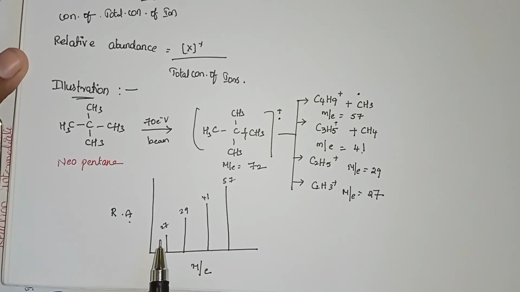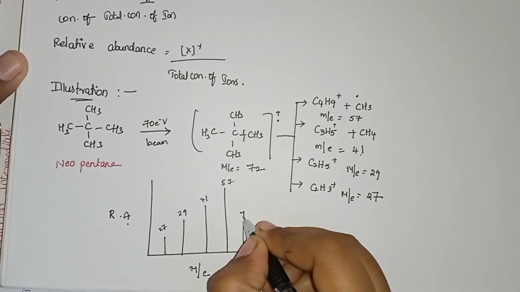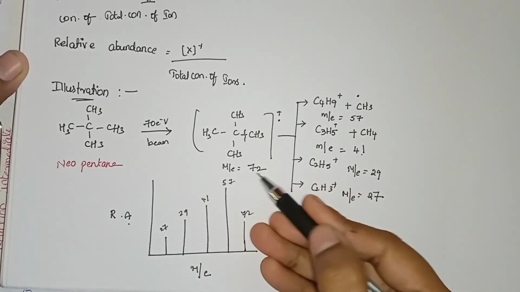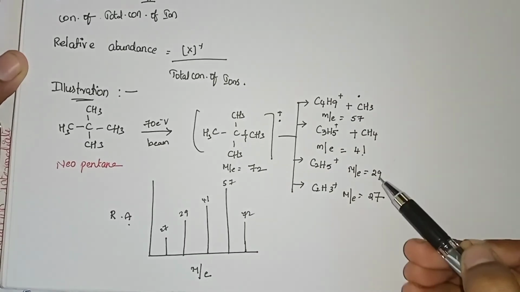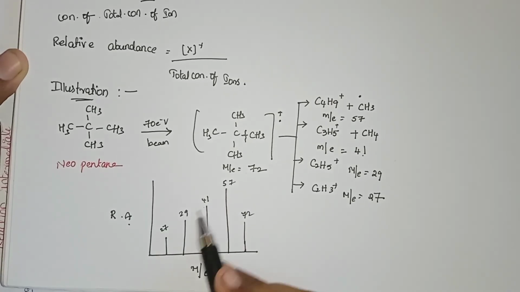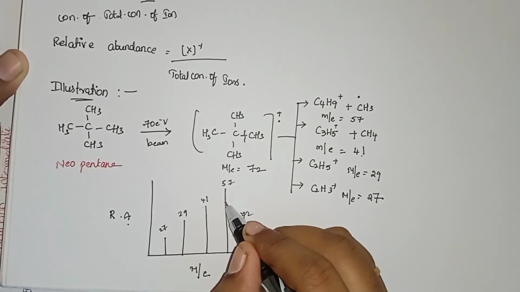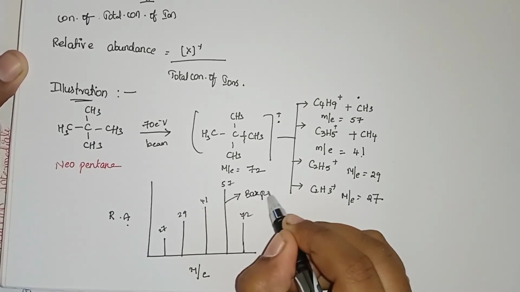This is the mass spectrum of neopentane. The parent or molecular ion is at 72, and the fragments are 57, 41, 29 and 27. 57 is the highest, then 41, 29 and 27. The highest signal is known as the base peak.